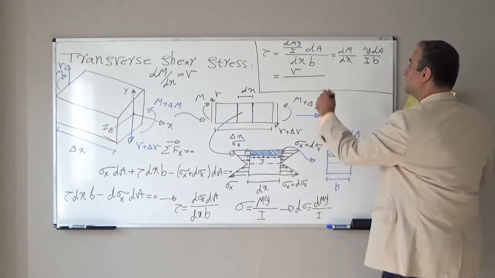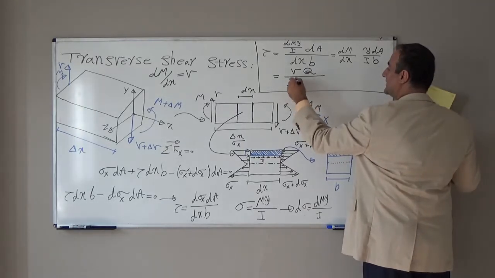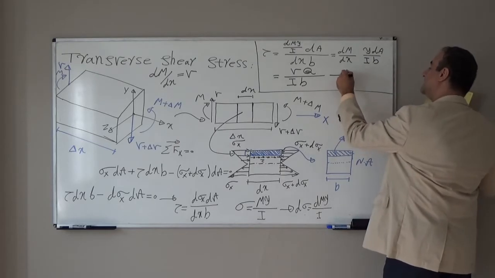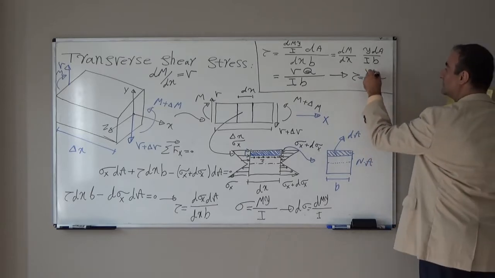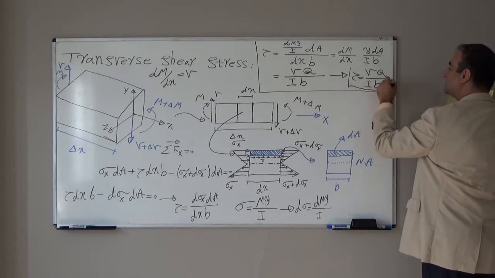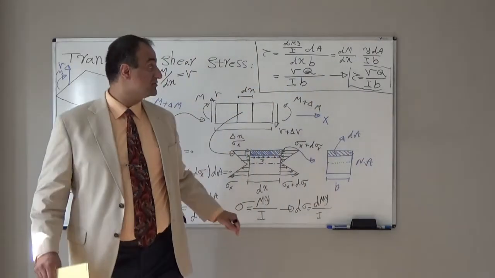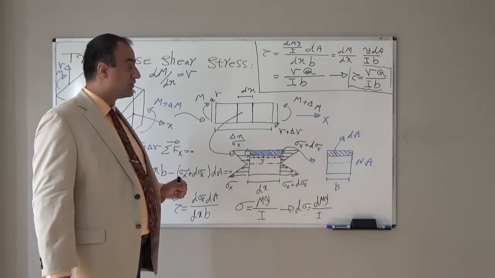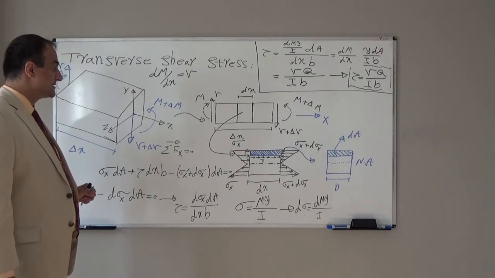The moment of area we used to show with Q in statics. I is the moment of inertia. B is the width of the cross section. Finally, I can summarize this: tau, shear stress, is equal to VQ over IB. This formula has a lot of application, so we will use it a lot in mechanics of materials. It is a well-known formula, and we will call it transverse shear stress.